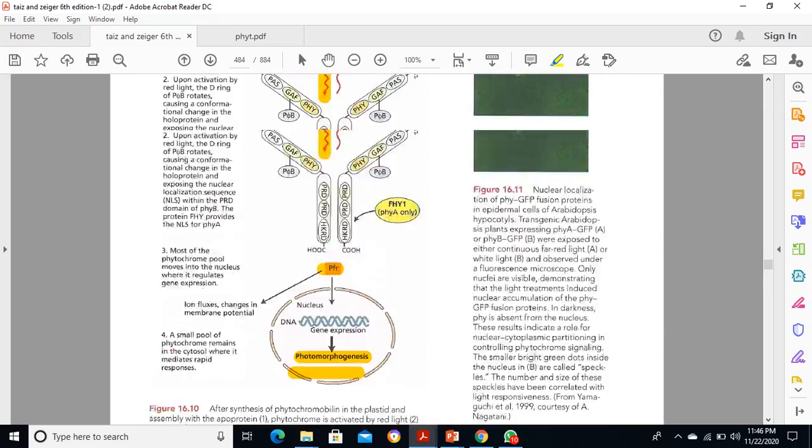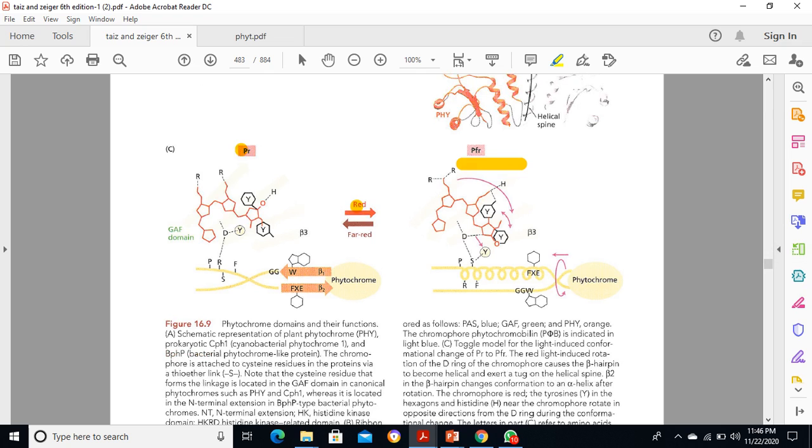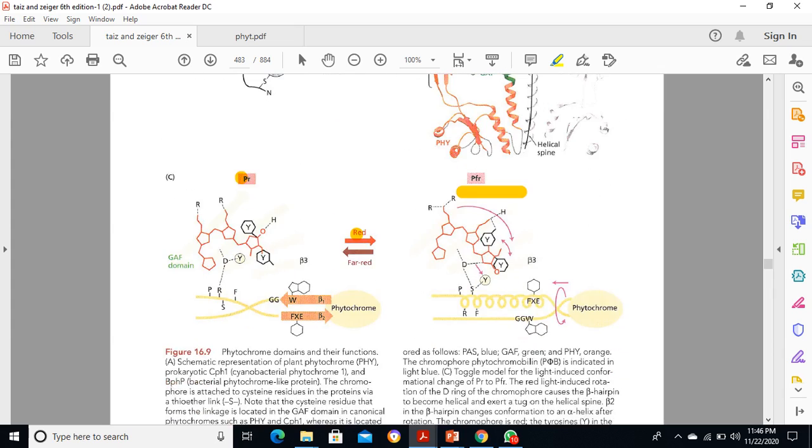Now we are going to see, as I said earlier, PFR is the active form of phytochrome and PR is the inactive form. When PR absorbs red light, it is converted to PFR, which is the active form of phytochrome, isn't it? Actually, what is the conformation change that is present in PR and PFR form? So, we are discussing the phytochromobilin.